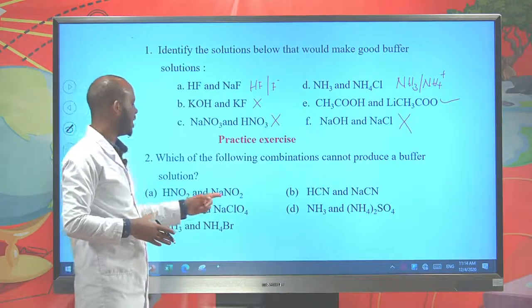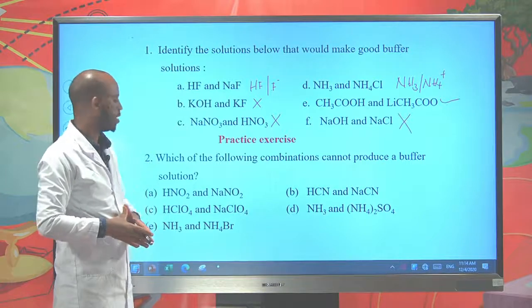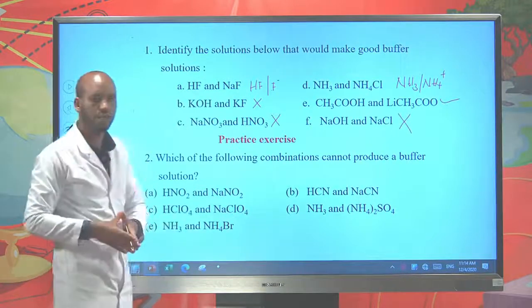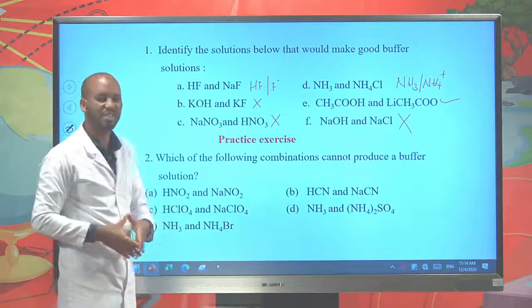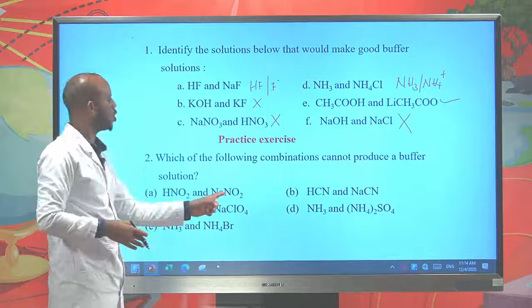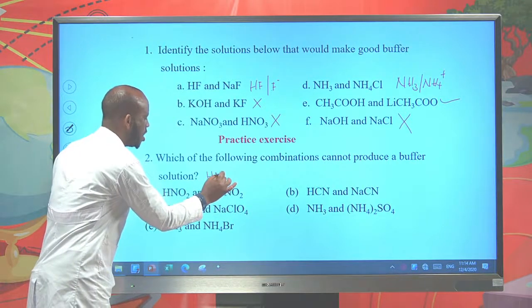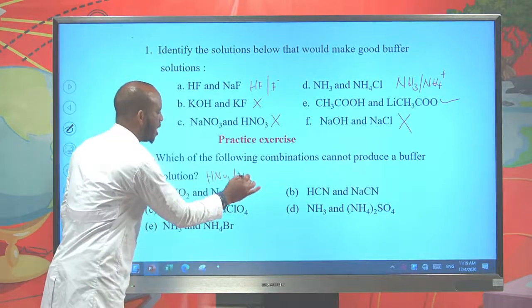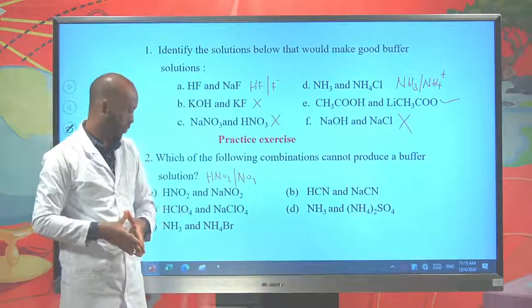Nitrous acid and sodium nitrite is a buffer solution, an acidic buffer solution, because this solution contains the weak acid, nitrous acid, and its conjugate base, nitrite. You see, HNO2 and its conjugate base nitrite, NO2 minus, make an acidic buffer solution.